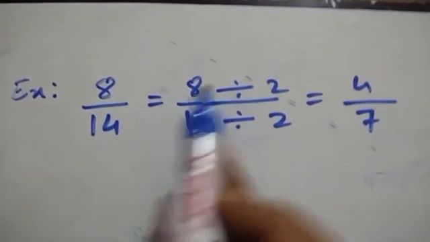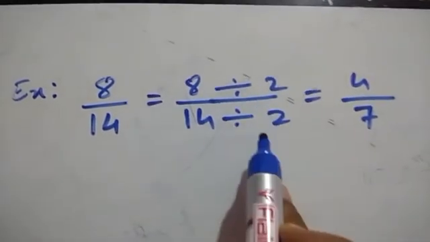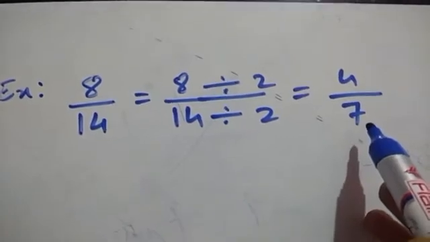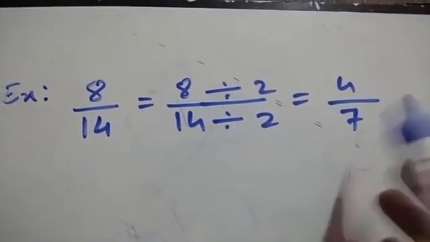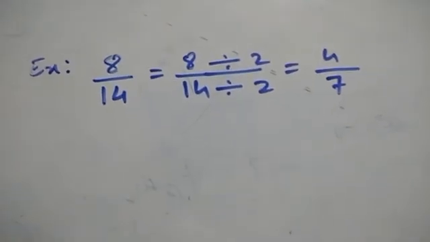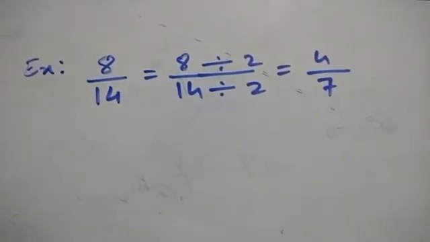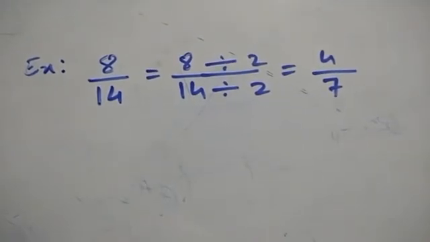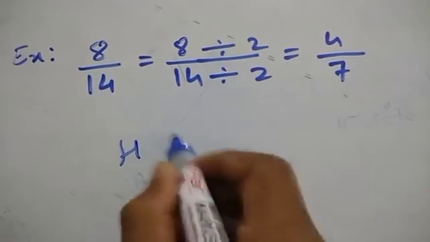Okay, so 8 and 14 I'm going to divide by 2. So we'll get here the answer 4 upon 7, and here we do not have any common factor except 1. Therefore 4 upon 7 is the lowest term of 8 upon 14. Students, remember that the lowest term of any fraction can be found by dividing both numerator and denominator by their HCF. That also you remember.